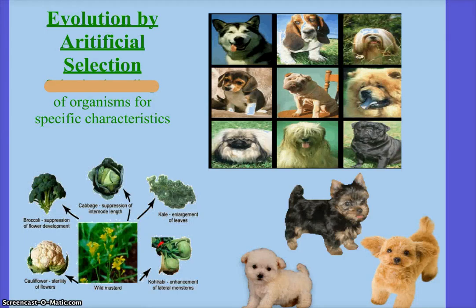Evolution by artificial selection. What's another word for that? Selective breeding. What's another word for that? Genetically modified organisms, or GMOs. Big topic in environmental science, right?